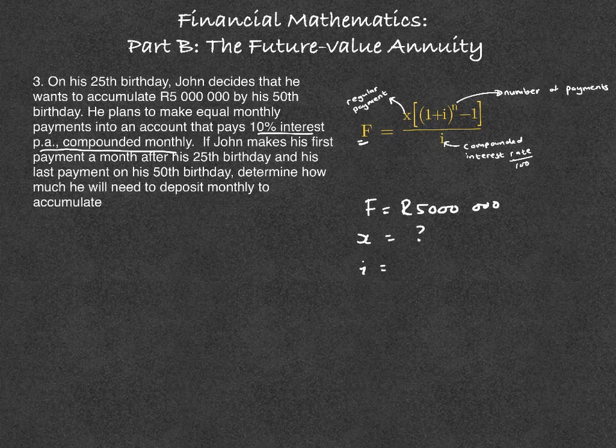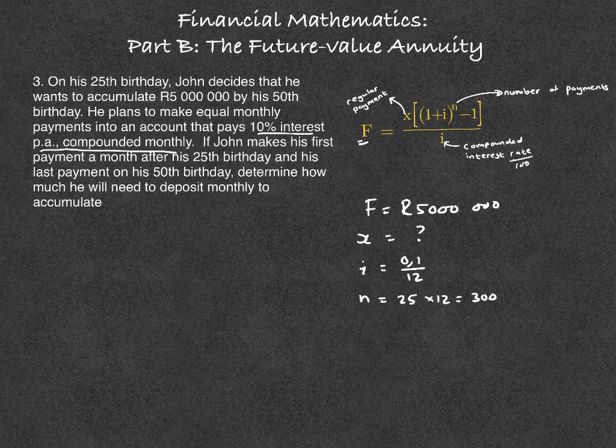So that is 10 over 100, so 0.10, and it's monthly, so again divide by 12. And how many payments will he make? Well, for 25 years, but the payments are made monthly, so it's 25 times 12, which is equal to 300.